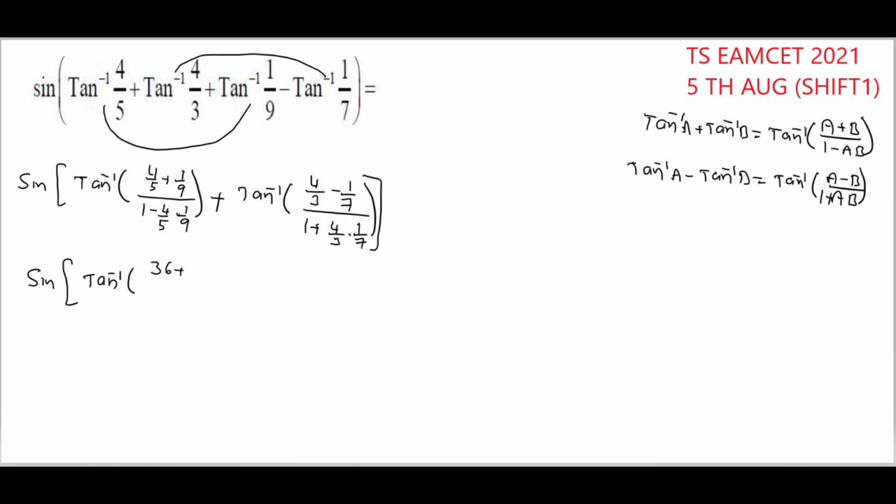36 plus 5 by 45, by 5 into 9, 45. 45 minus 4 by 45 plus tan inverse of 4 by 3 minus 1 by 7, that is 7 into 4, 28 minus 3 by 21, whole by 21 plus 4 by 21.